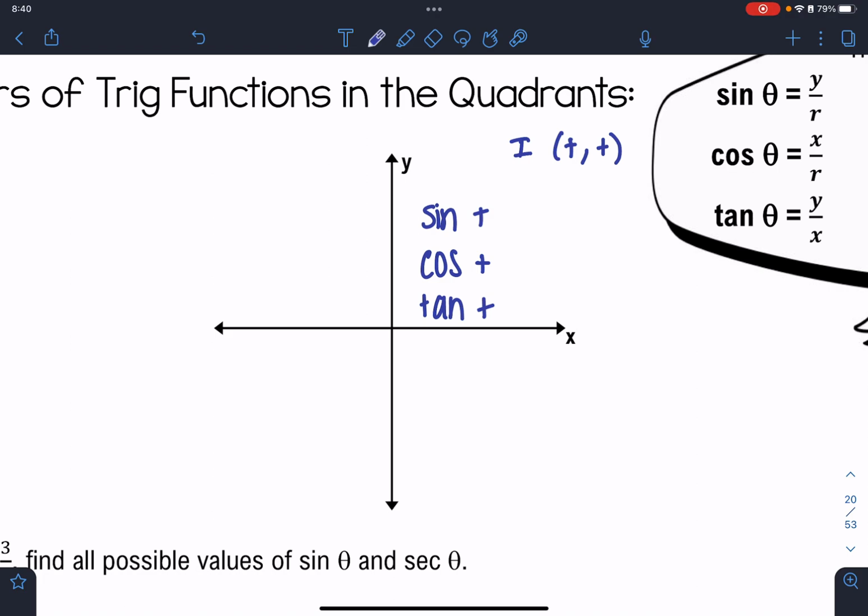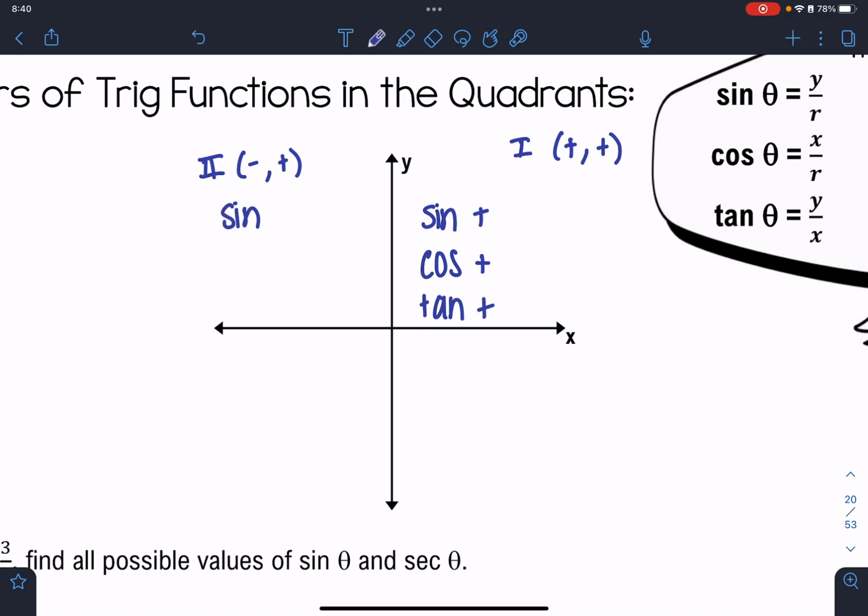And I know that this may seem like a little bit of common sense right here, but then let's move into the second quadrant and talk about what's going on there. So I have a negative x value, right? Because we're going backwards. That was just like the problem that we did. So that x value is going to be negative, but we're still moving in that positive y space. We're still on top. So if I want to say, well, what is my sine going to be?